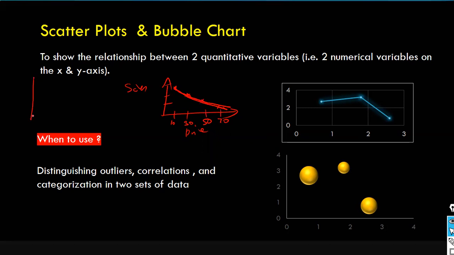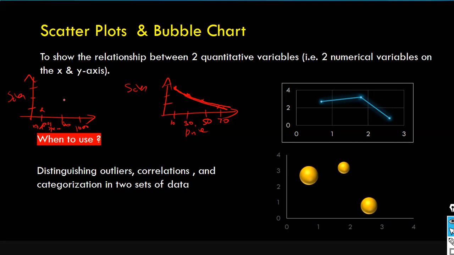Another example: you have ad spend. You are spending $500 on advertisement, then $800, then $1,000. And what is the sales? When you spend $500 on ads, you see the sales only this much.